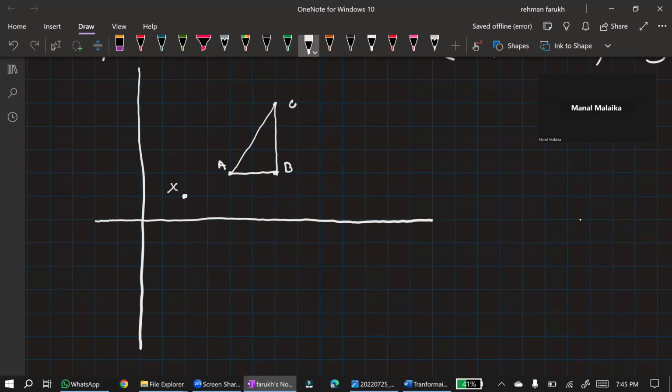Stand at the center. We will move 1 unit towards the right and minus 2, 2 units downwards. This one is the image point for A. And this one is the point D. Now, what's the column vector of B from the center?